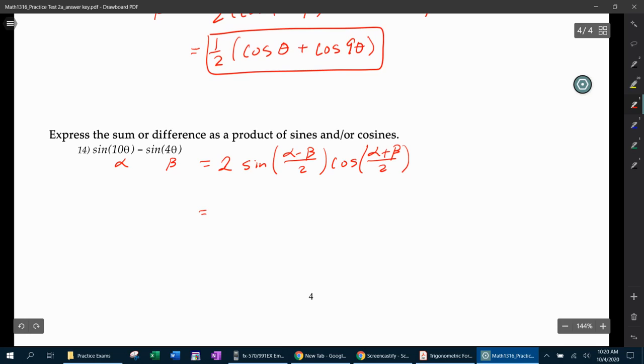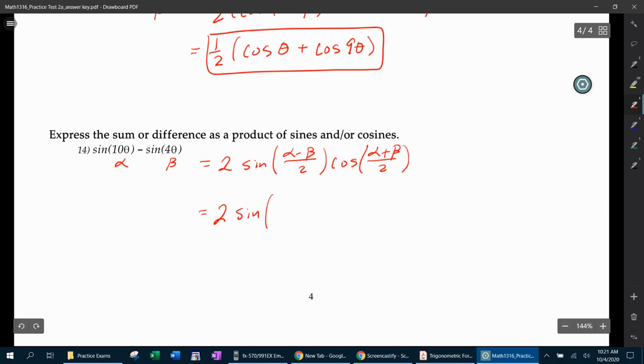So here, once again, once you find the appropriate formula, here we needed sine alpha minus sine beta, then it's just a matter of doing plug and play, replacing alpha and beta with 10 theta and 4 theta.